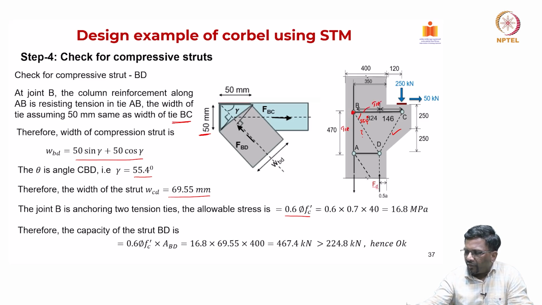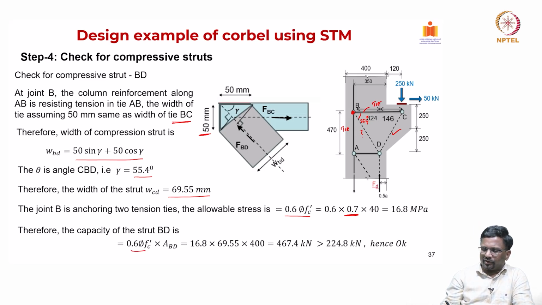So, in a joint, if I have two ties coming in, then the allowable compressive stress I take as 0.6 times strength reduction factor, which is again taken as 0.7, multiplied by 40, which works out to be 16.8 megapascal.